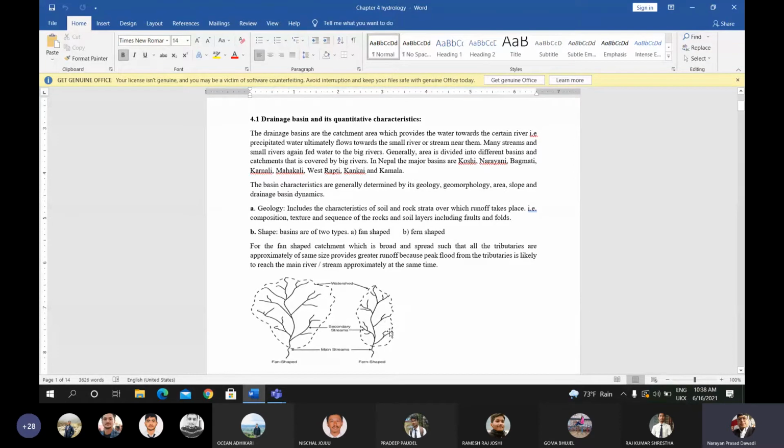There the peak flow can occur in a very short duration after the precipitation in the fan-shaped basin.